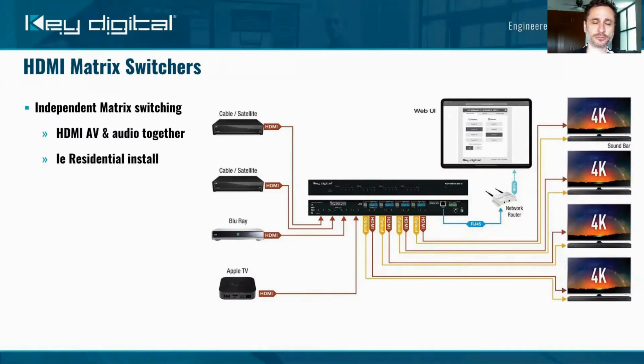And typically, whatever you're watching on the television, you want to listen to, whether it be on your sound bar as we're depicting here, or perhaps in your distributed audio system in the rack. And so we have a command that allows you to switch the HDMI AV plus the external audio ports together. And that is our basic HDMI switching command that we've implemented in all of our matrix switchers for the past 14 years now.